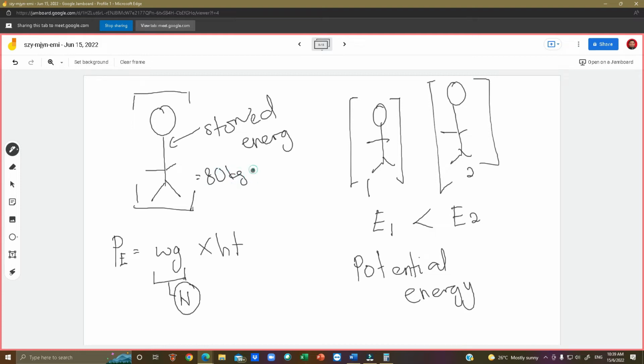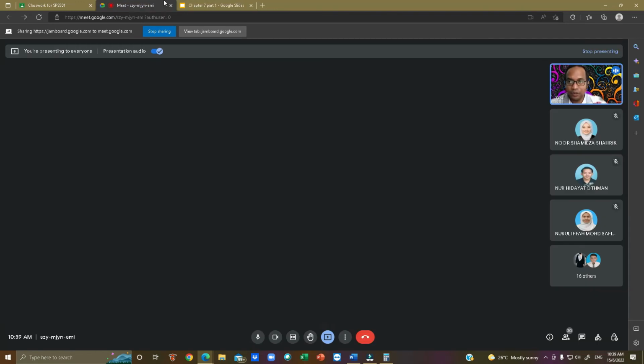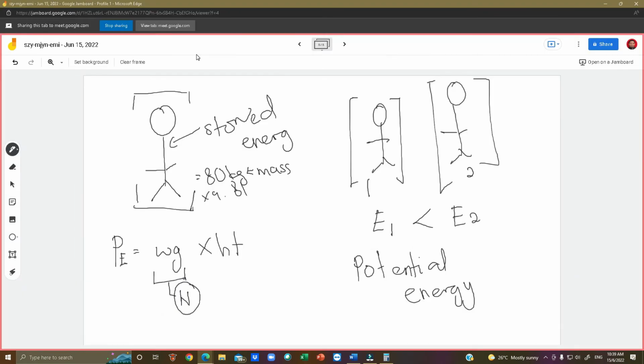Kg, when you see kg, that is mass. So, change that into Newton first times 9.81. That is how you want to find the energy.